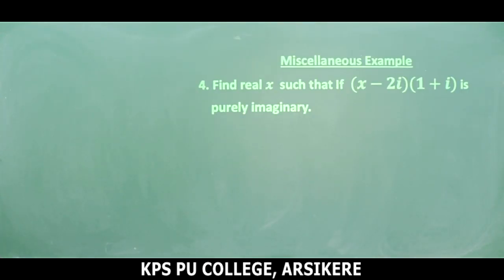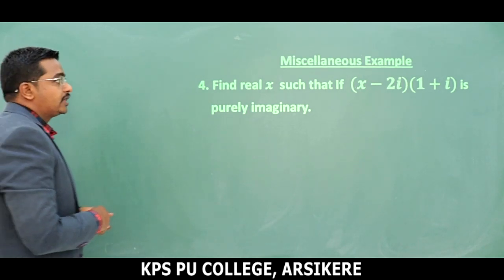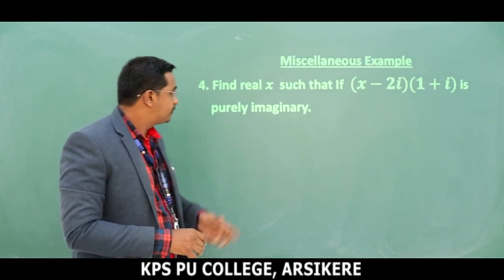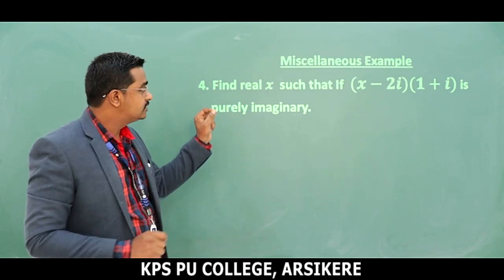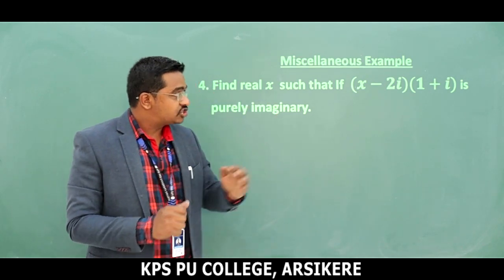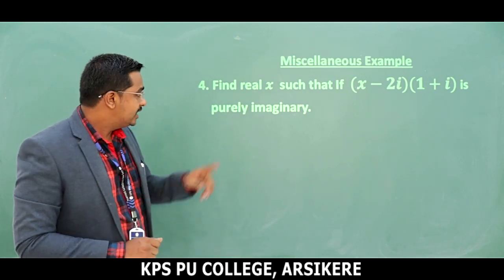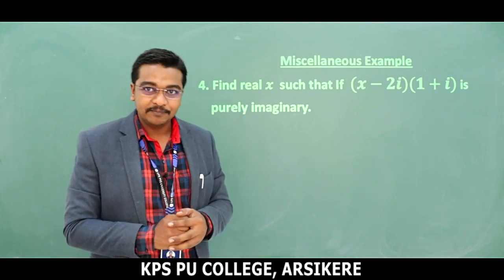Now dear students, we are moving to the next question. This is miscellaneous example 4. Find the real x, it means real values of x such that (x minus 2i) into (1 plus i) is purely imaginary.